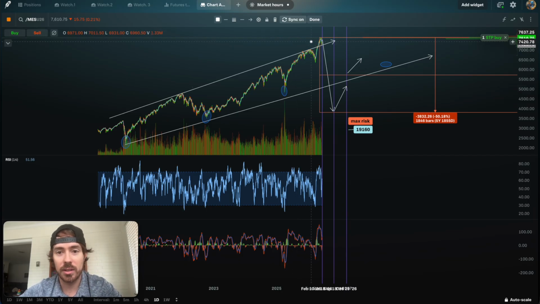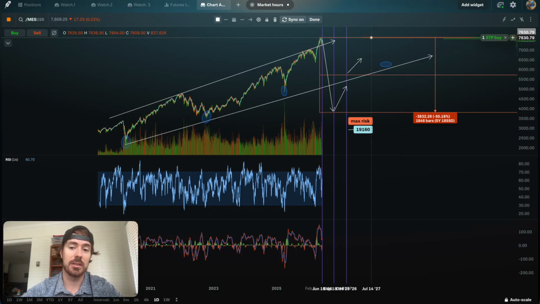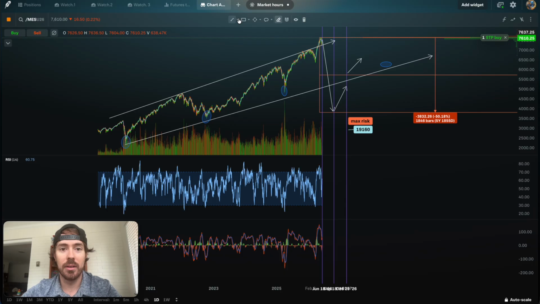Because when it crashes, it not only is going to eventually be back to this line here, but it's going to exceed it. And you can't definitively say that because you don't know the future. But if you look at the history of all of these charts, that's just what the history is telling me. So this could continue in that pattern.